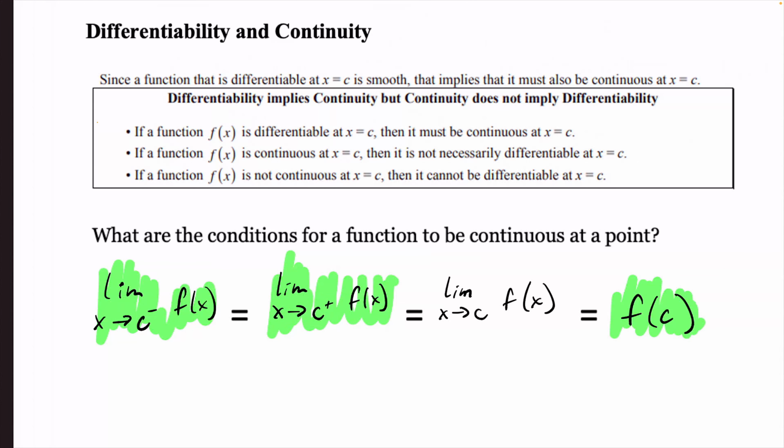Because if the first two green guys are equal, the third guy has to be equal, right? So you can check all 4 of them, or I think we just check these 3, that's fine. If these 3 are equal, then the one that I didn't highlight has to be equal, okay? You don't have to check that guy if you do that, all right?